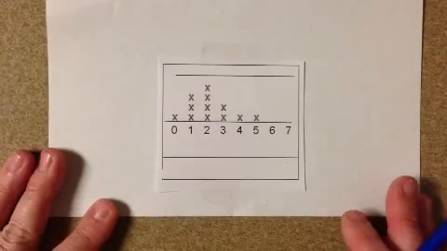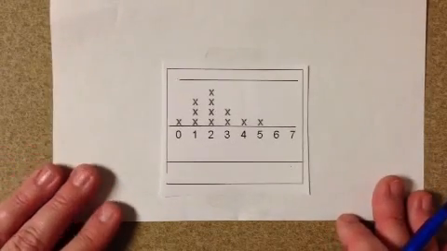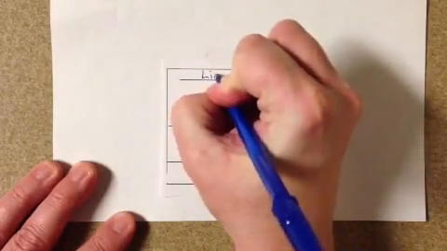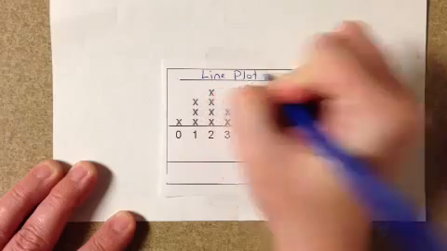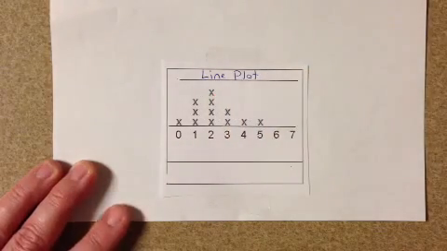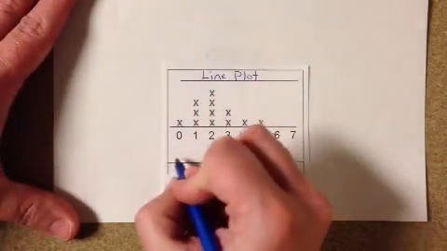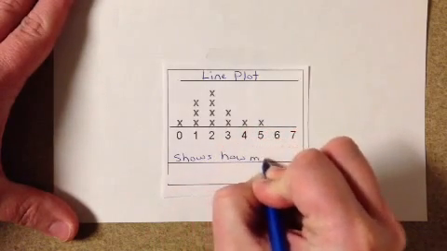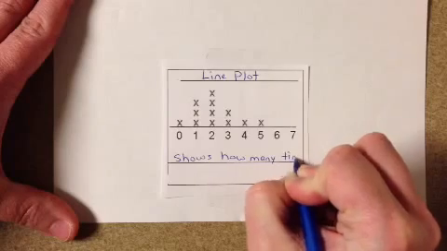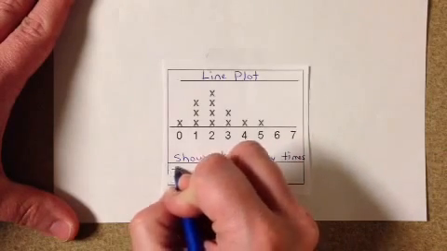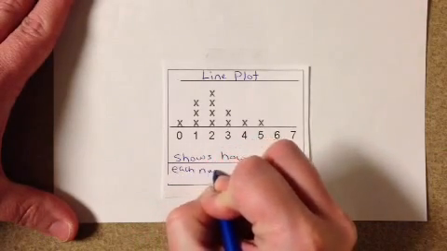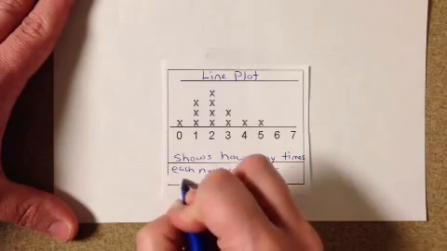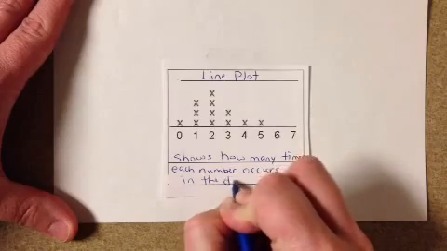All right, we're going to talk about line plot and line graph next. This is an example of a line plot. And we use a line plot because it shows how many times each number occurs in the data.